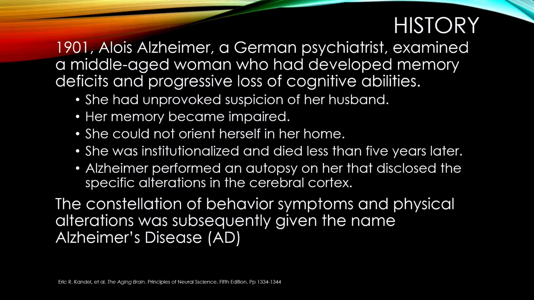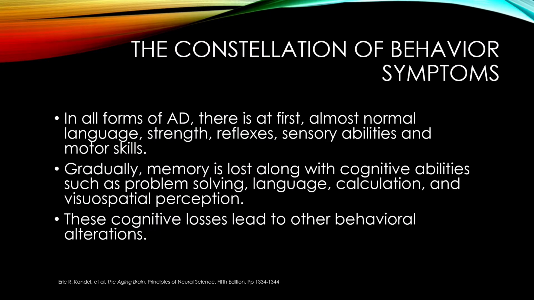And so we'll be discussing those. So, the constellation of behaviors or symptoms. In all forms of Alzheimer's, there is at first almost normal language, normal behavior, strength of your muscles, reflexes, sensory abilities, and even your motor skills. But gradually you start to recognize that there is memory loss, along with cognitive abilities that are being reduced as time goes on.